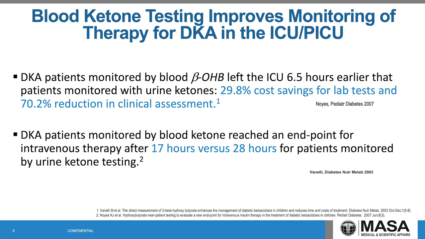That was a publication in 2007. Before that, Vanelli et al. published that DKA patients monitored by blood ketone reached an endpoint for intravenous therapy after 17 hours versus 28 hours for patients monitored by urine ketone testing. So clearly, in the ICU for ketotic states, beta-hydroxybutyrate in the whole blood is significantly superior to urine testing.